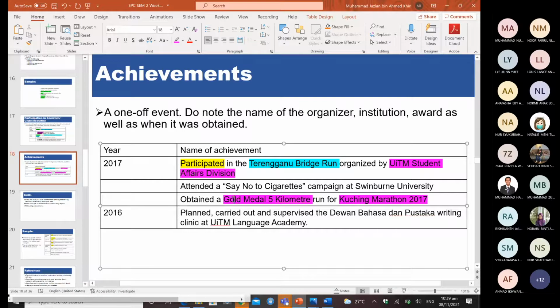And the name of the award, in this case, a gold medal, all right? If you got a Dean's List, make sure to include it as well. And it must come together with a verb, yeah? The reporting verb like participated, attended, and also obtained.